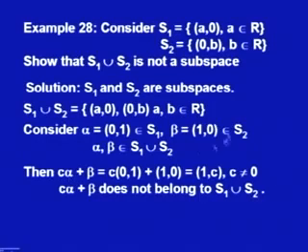For C equal to 0, things will be okay, but for C non-zero, this property may not be satisfied. So, if C is not 0, then (1, C) does not belong to S1 union S2. So, S1 union S2 is not a subspace. So, while S1 intersection S2 will be a subspace for S1, S2 subspaces, S1 union S2 need not be a subspace.